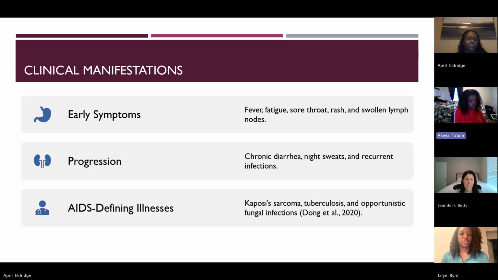Treatment options include antiretroviral therapy, which suppresses viral replication, preventing disease progression, and a combination therapy to avoid resistance.